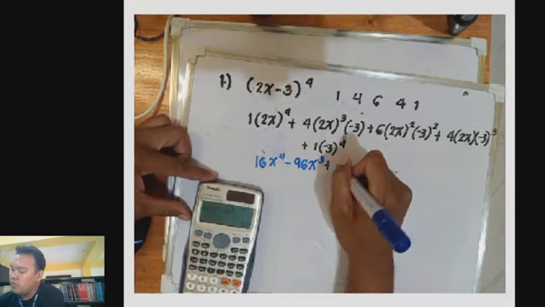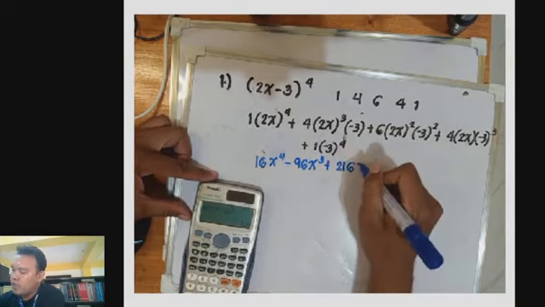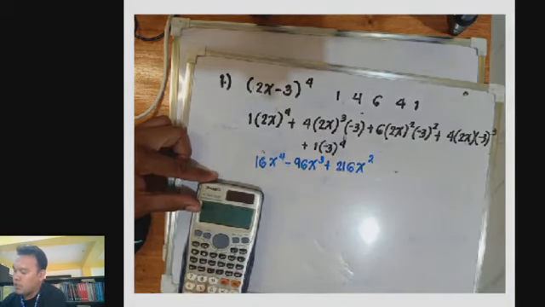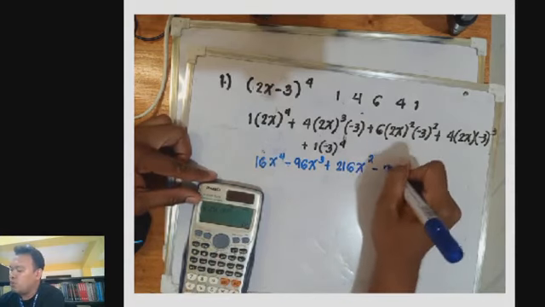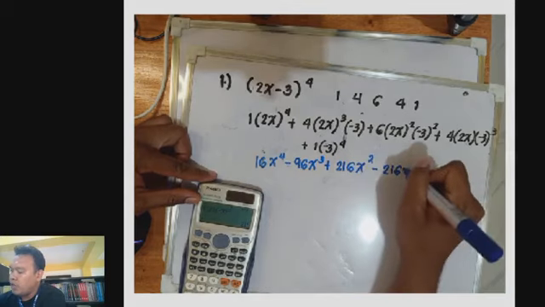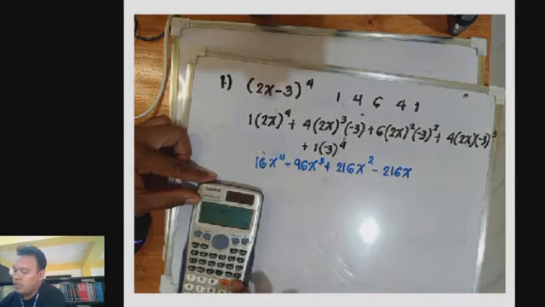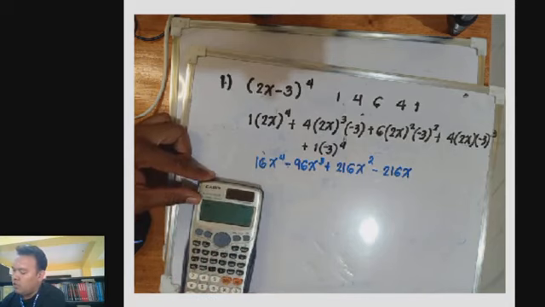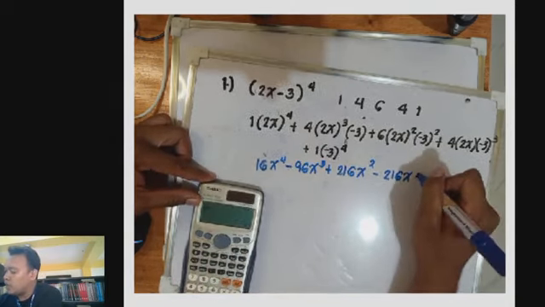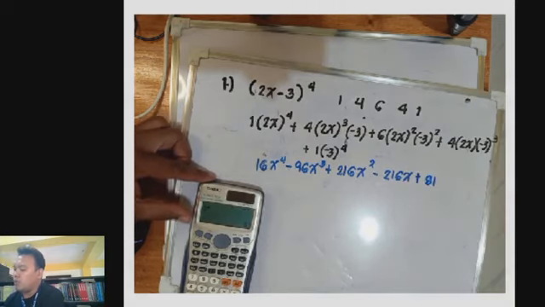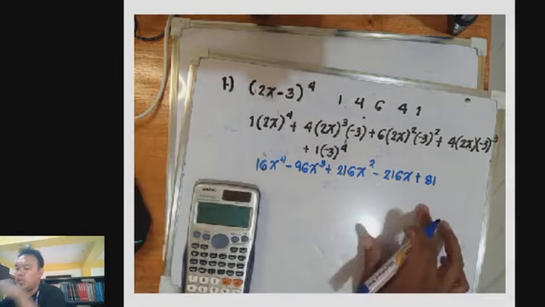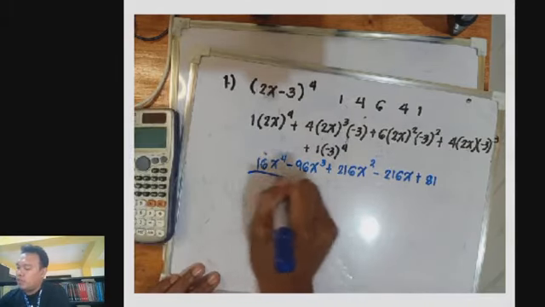Lalabas, positive 216x squared. Tapos ito ulit, we have 4 times 2 times negative 3 cube. We have negative 216x. Then, ito, negative 3 raised to 4, we have positive 81. So, we have answer which is ito po.